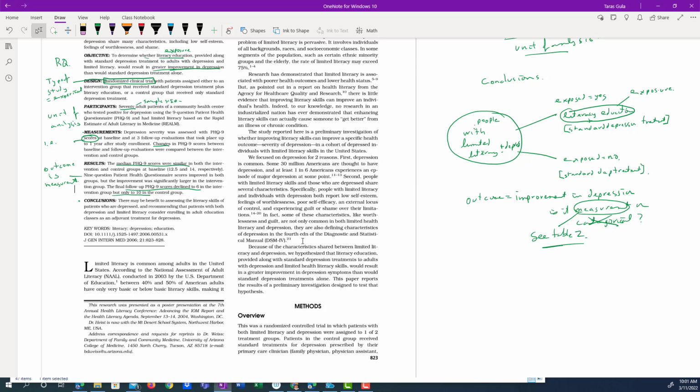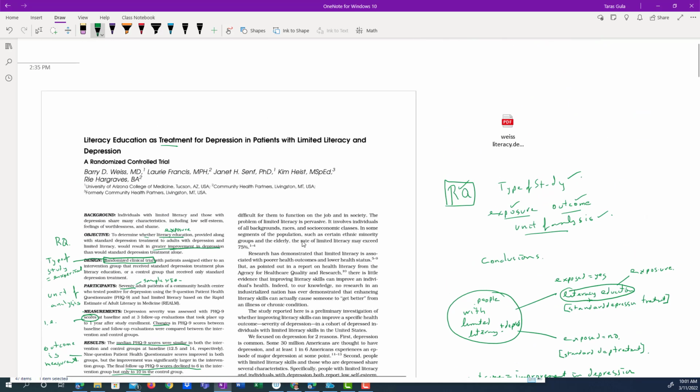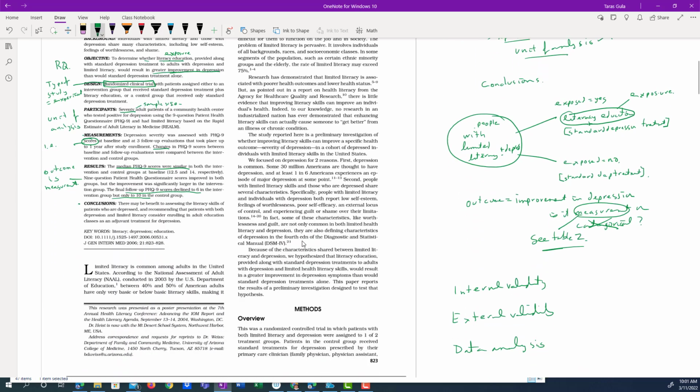So now the next things to look for are internal validity, external validity, data analysis, and conclusions. Here we have the conclusions, so we don't have to see the abstract. It depends on the question I ask.